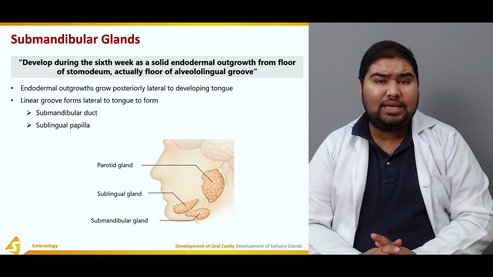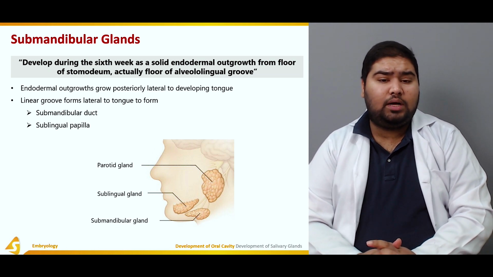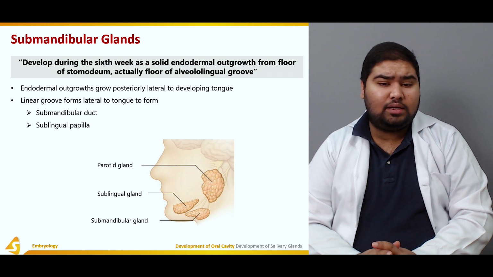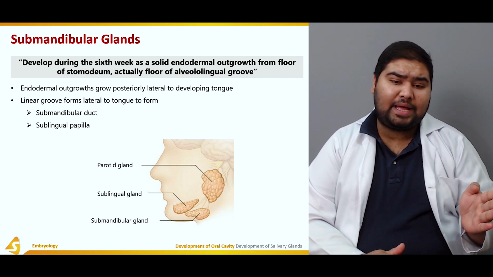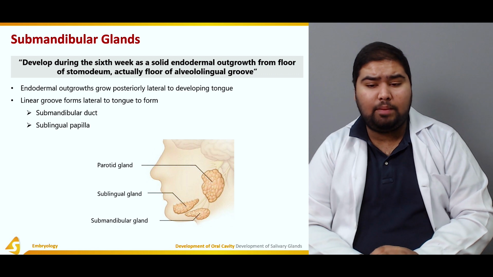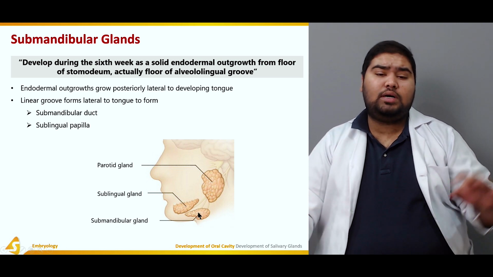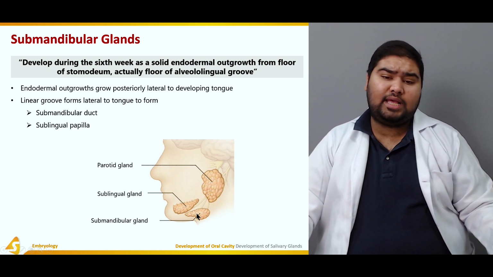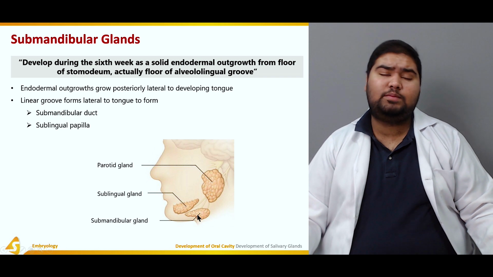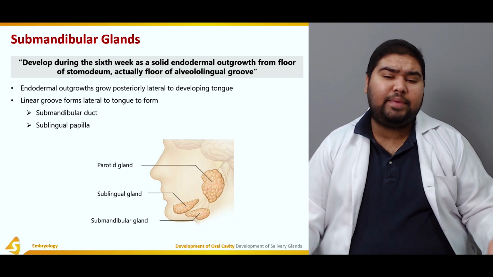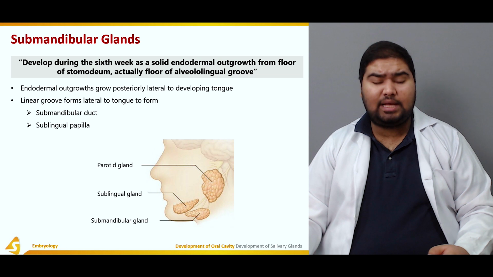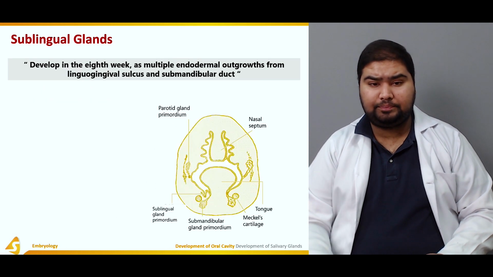Now, a linear groove is formed lateral to the tongue to form the submandibular duct and sublingual papillae. So these are the submandibular ducts. A groove is formed on the lateral aspect of the tongue, and this groove helps in the formation of the submandibular duct as well as the sublingual papillae.